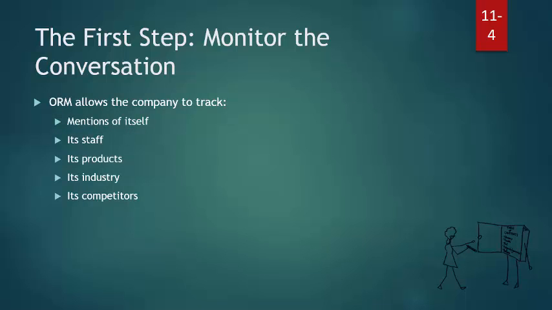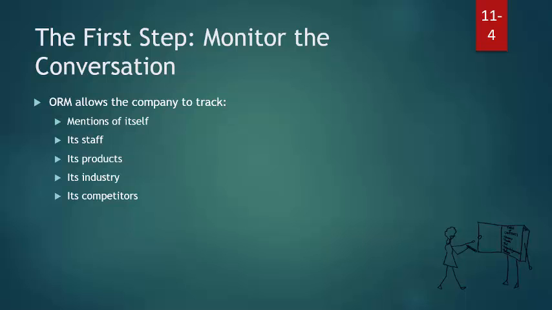So there's a set of steps that you can take in order to find out what the conversation is. The first step is to monitor that conversation. And so online reputation management, or ORM, allows you to track different mentions of your product, allows you to track your staff, your products, your industry, and also your competitors.